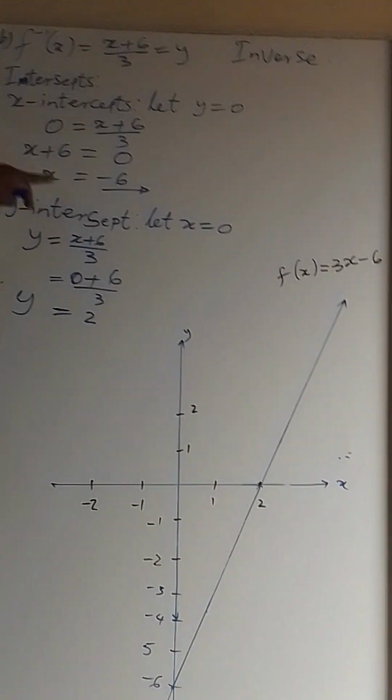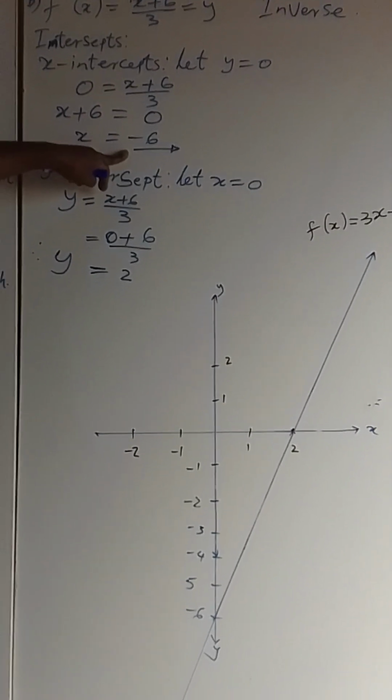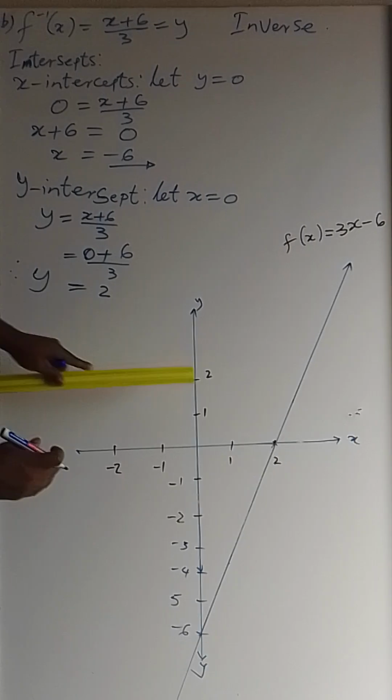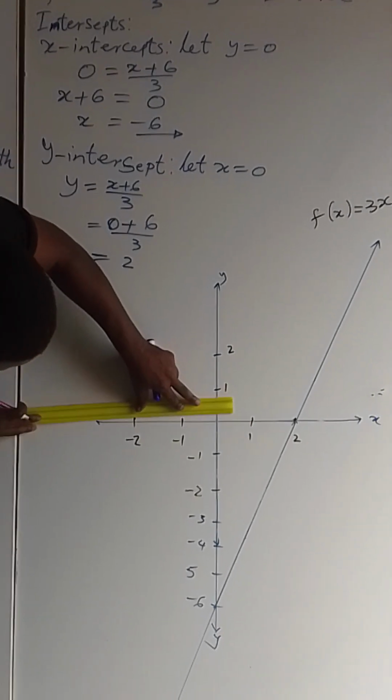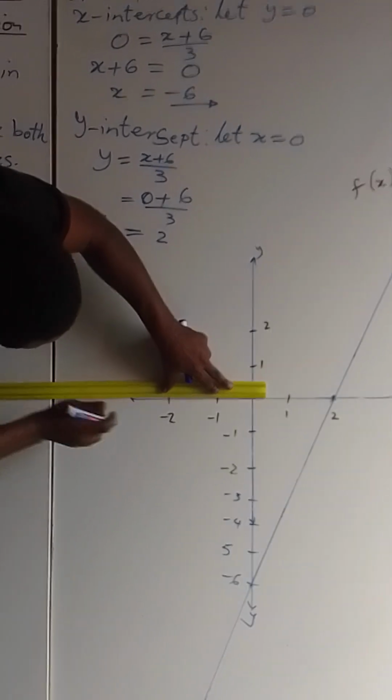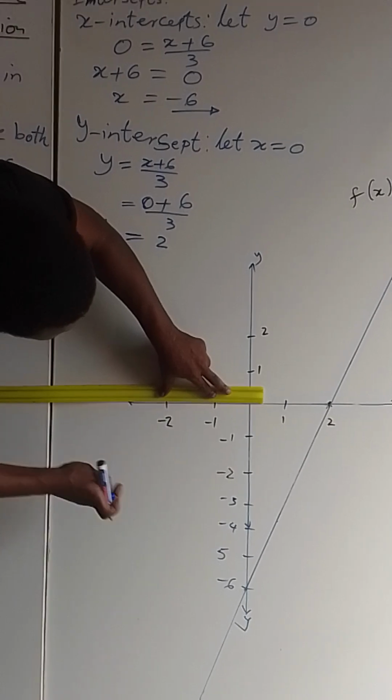Now we come to this one. We started working here to find that the x-intercept of this is -6. X is going to be -6. Let's just extrapolate our axis here.